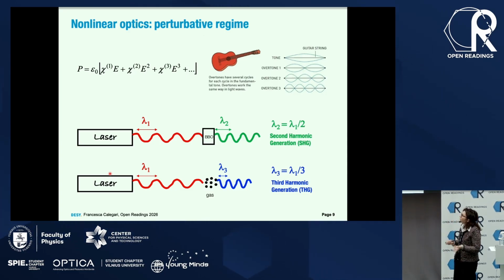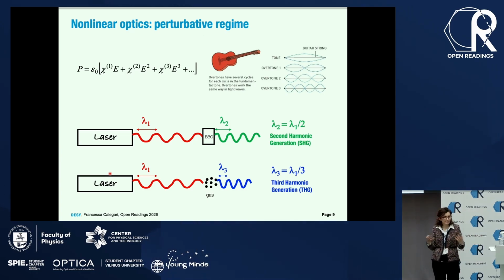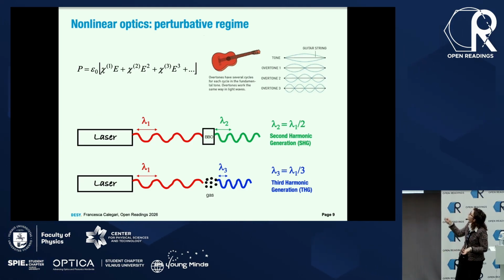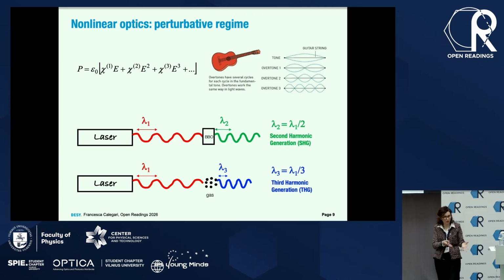So one first trick could be to say, okay, if I have a laser operating in the infrared, then I can do frequency conversion, which is a process that enables, exactly like the guitar that I'm showing here, to generate harmonics of the fundamental frequency, which is your laser frequency.